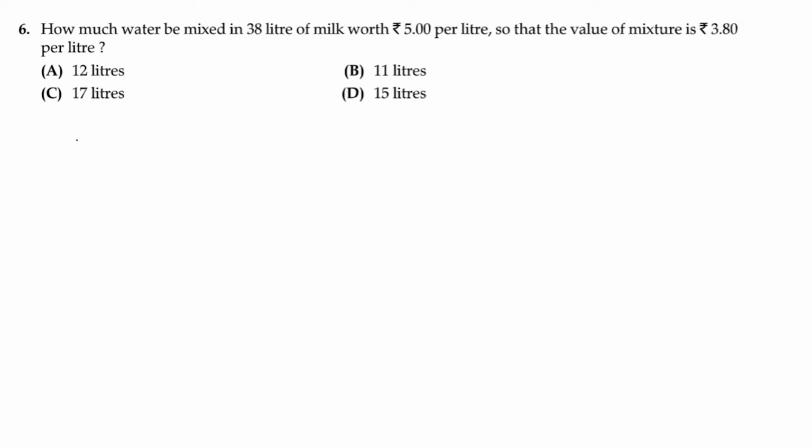So here we have the dearer ingredient here and the cheaper ingredient here. This is 5, or this is milk, and water comes at 0 cost. So here it is 0 and the mean price is 3.8. So here we have 5 minus 3.8, 1.2. Here 3.8 minus 0, it is 3.8.